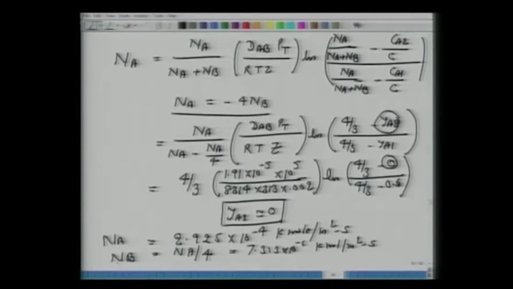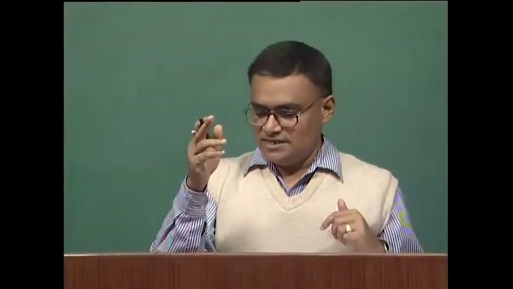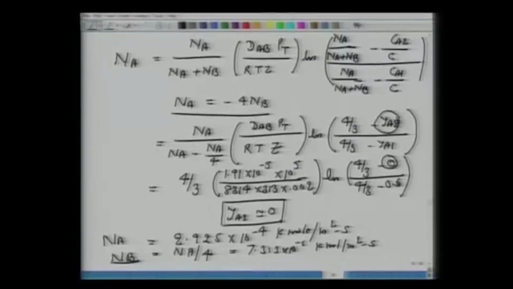Now the question here was, what is the rate of formation of B. At what rate B is formed, and what we have calculated is at what rate B diffuses between 1 and 2. So at any location between 1 and 2, the diffusion flux is in kilomoles per meter square per second.